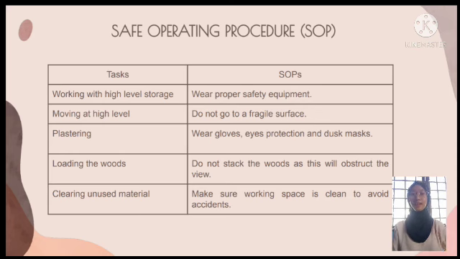And lastly, the fifth task is clearing the unused material. The SOP implemented here is to make sure the working space is clean to avoid any accidents. All these SOPs are really important to be followed by the workers to make sure that no accidents happen at work.